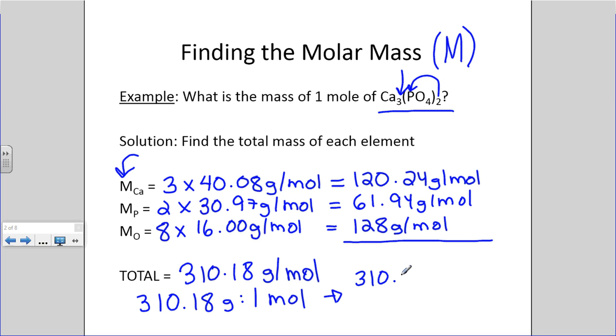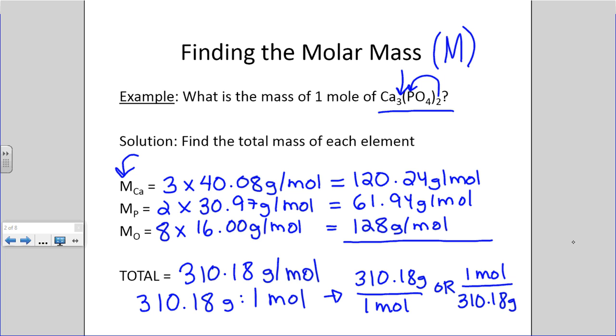So we could say 310.18 grams over 1 mole, or per mole, or you could write the ratio the other way around, 1 mole for every 310.18 grams of calcium phosphate.